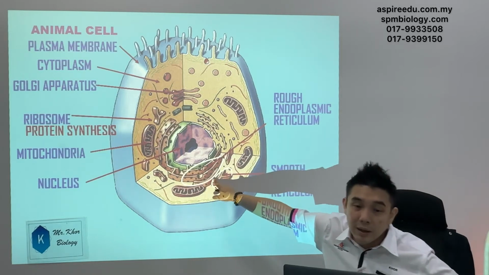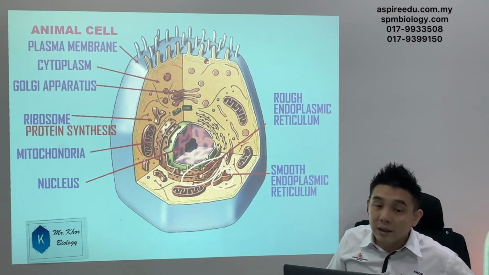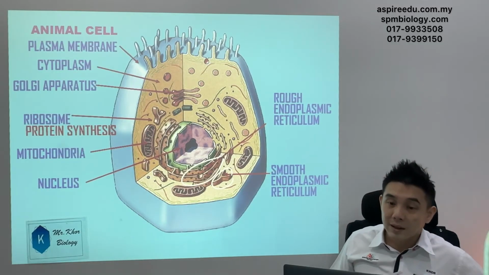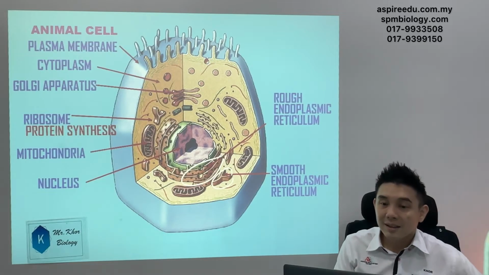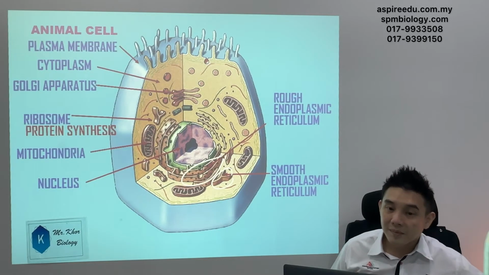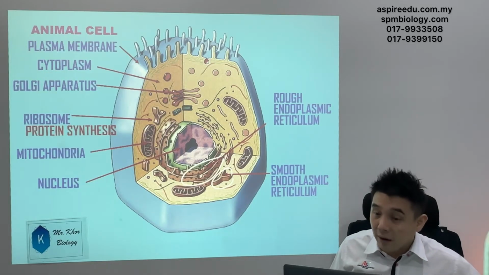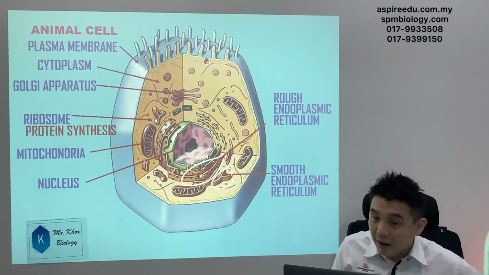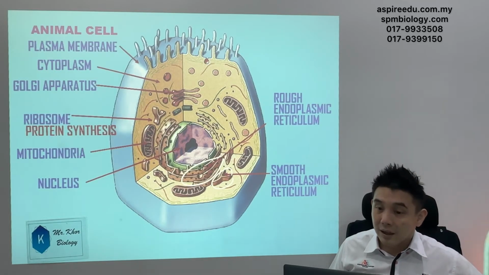What's the difference? This is smooth. The other one is rough. Pimple, black dot, rough and smooth. Dots on the rough one. Yes, correct.